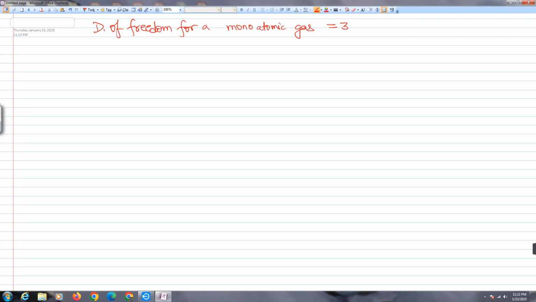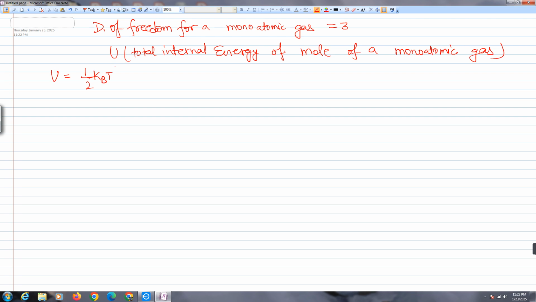Okay, so now we have to find the value of U. What is U here? U is the total internal energy of 1 mole of a monoatomic gas. So U can be written as 1/2 kBT, which is the amount of energy carried by each degree of freedom.